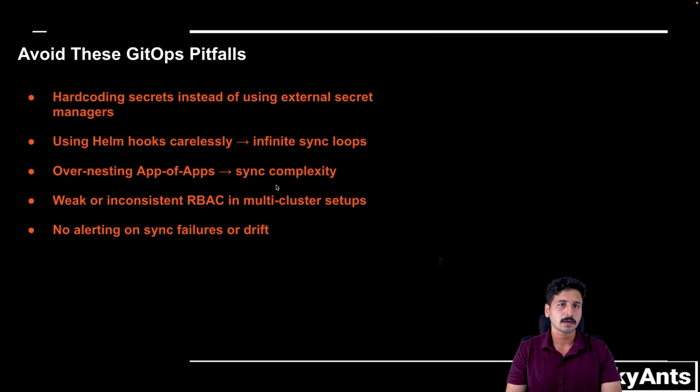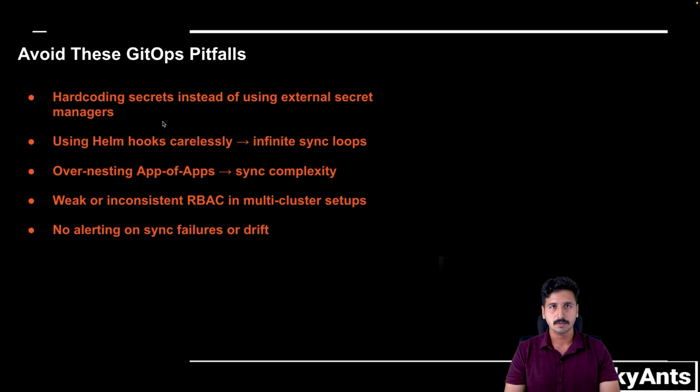And some of the common GitOps pitfalls to avoid are hard coding the secrets. As I already mentioned, you can use an external secret manager such as HashiCorp Vault or secrets operations, which is an open source tool. And then Helm hooks: don't use the Helm hooks carelessly. They can cause infinite sync loops, so they should be used carefully.